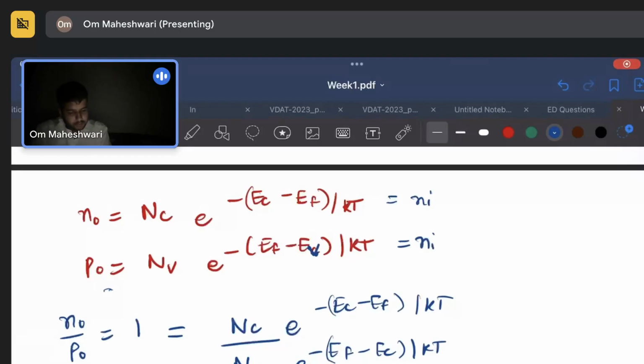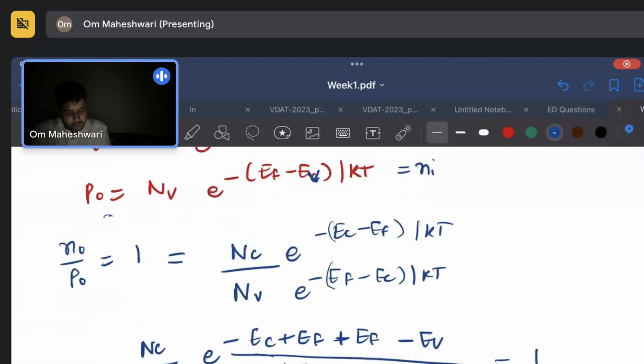So this is equal to 1. So nc by nv e to the power minus of (ec plus ev plus 2ef) whole upon kt is 1.